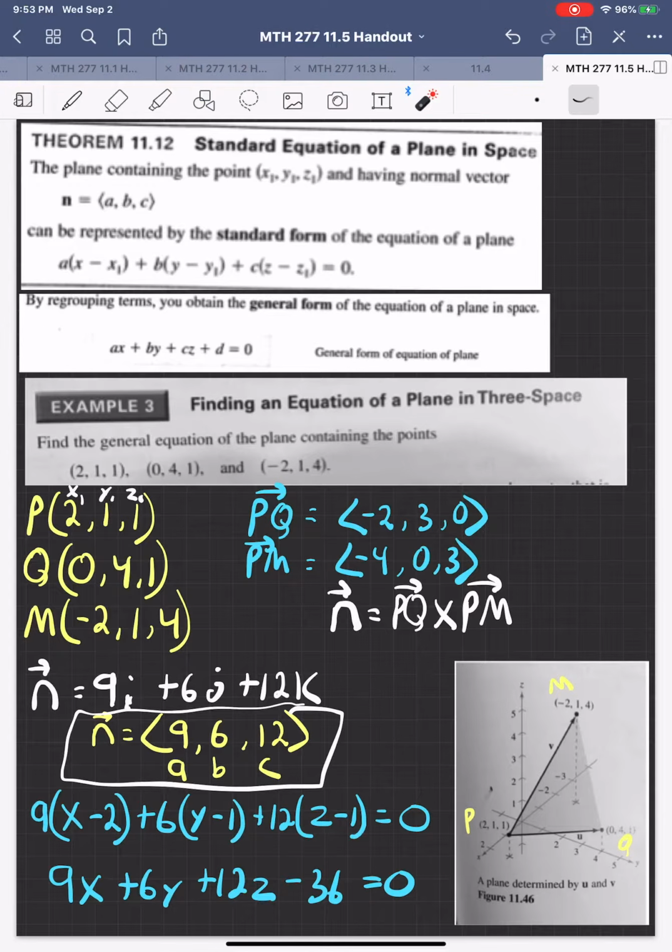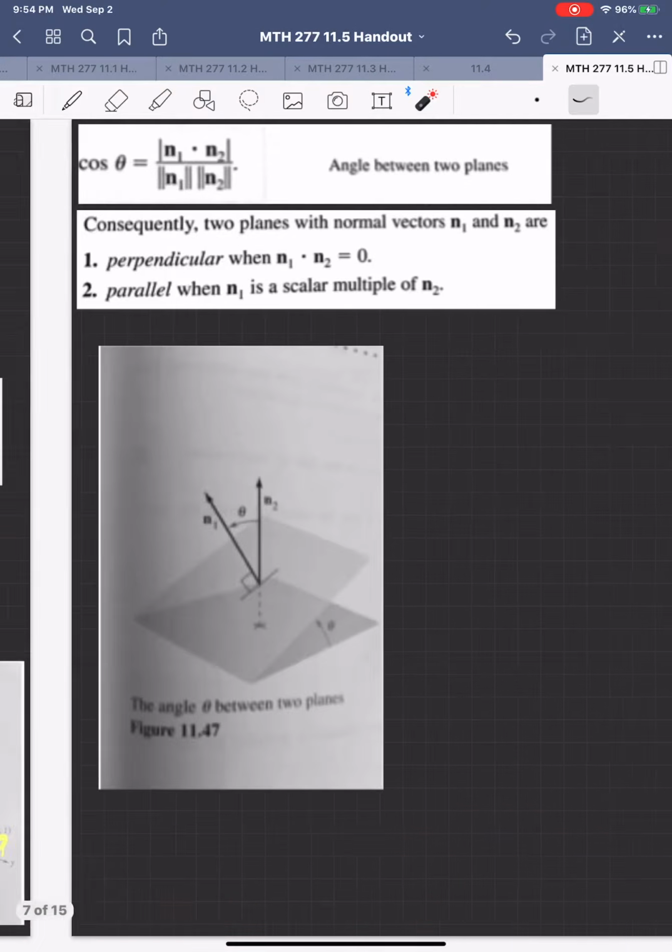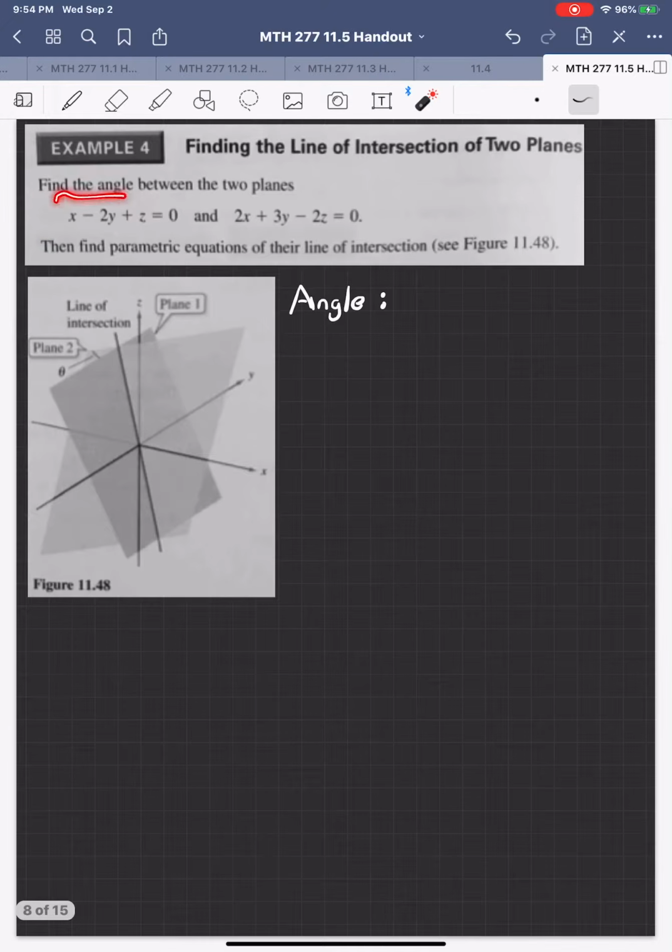If you're given your plane in general form, it is very easy to spot the normal vectors. So watch how easy this is.